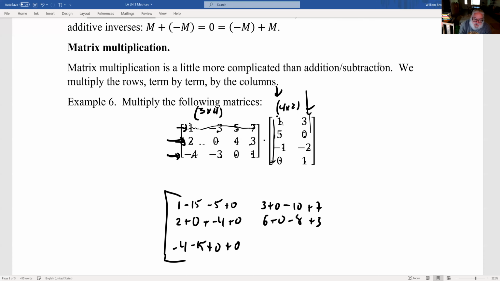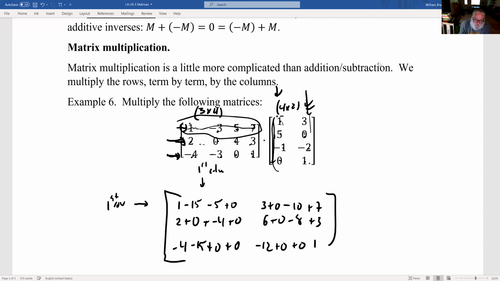And then third row times second column. Minus 4 times 3 is minus 12, minus 3 times 0 is 0, 0 times minus 2 is 0, 1 times 1 is 1, right? So this was taking the first row times the first column, right? So we took the first row of this times the first column of this, and that gave me this.